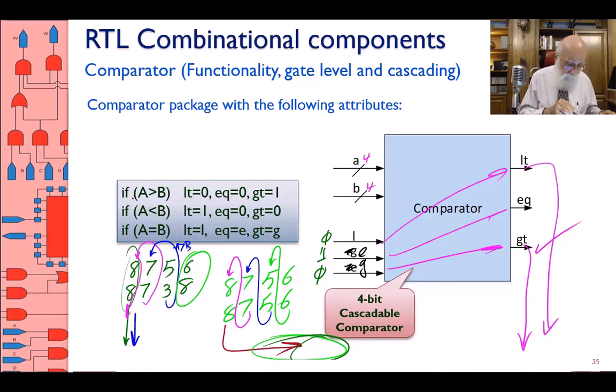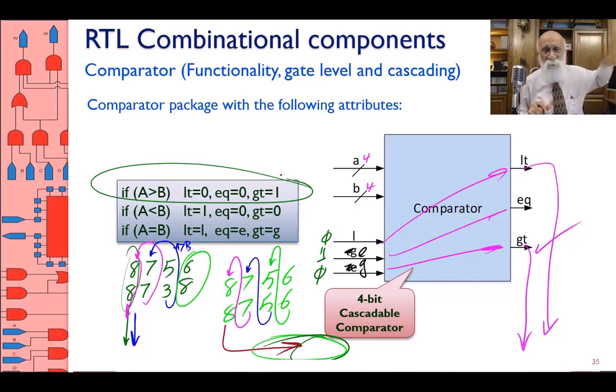So the way it works is exactly what I said before. If A is greater than B, this 4-bit comparator decides that GT is 1. Nobody overwrites that GT is 1. If A is less than B, this 4-bit comparator says, I've decided that A is less than B, so I announce that LT is 1.